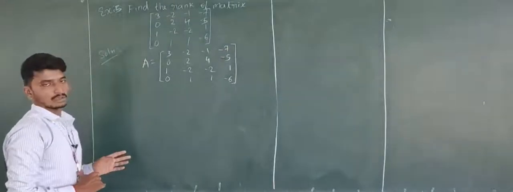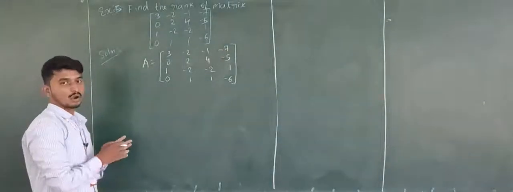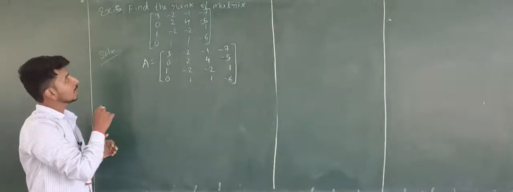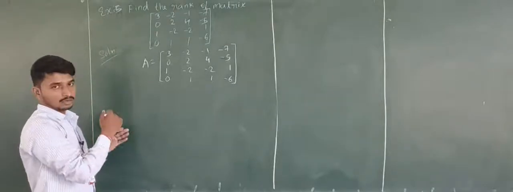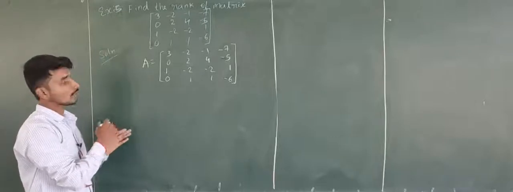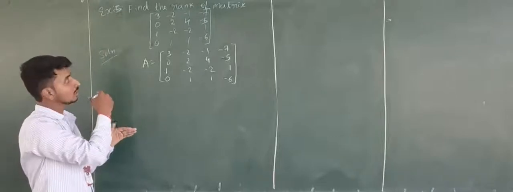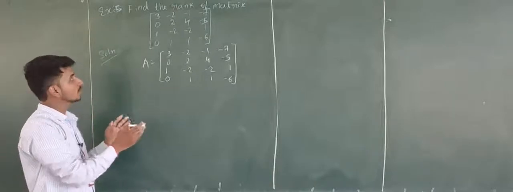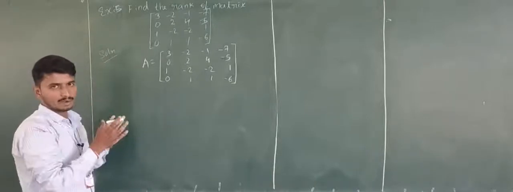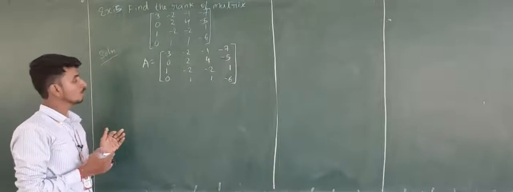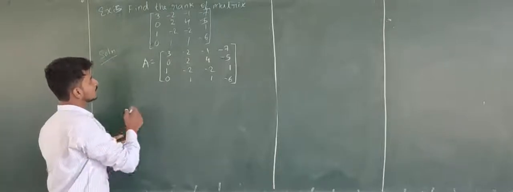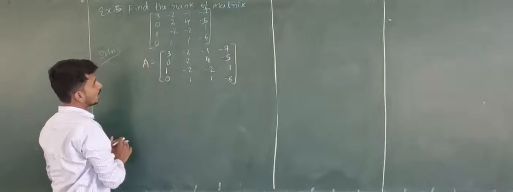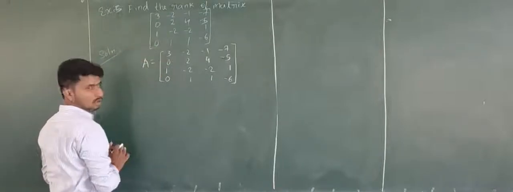The order of this matrix will be 4 cross 4, but here the elements are not in the definite order. So we will interchange the rows, so it is easy to find the rank of the matrix by taking the leading element as 1 and its below term as 0. We will take this as row 1 and this as row 2.